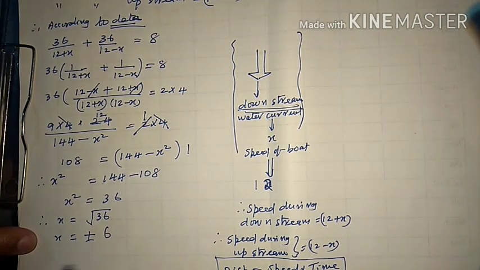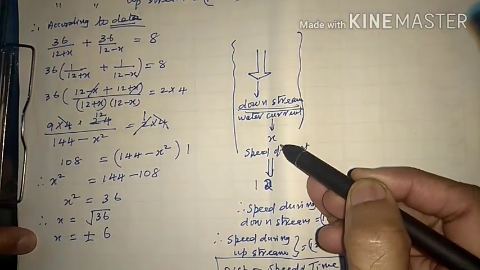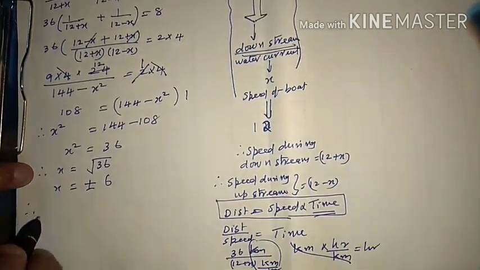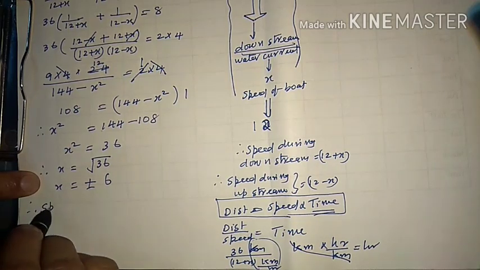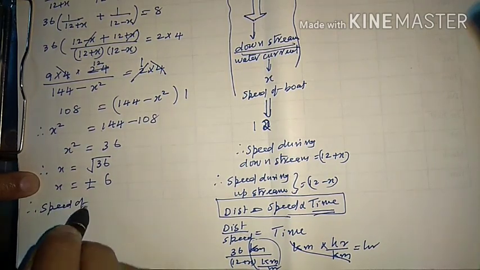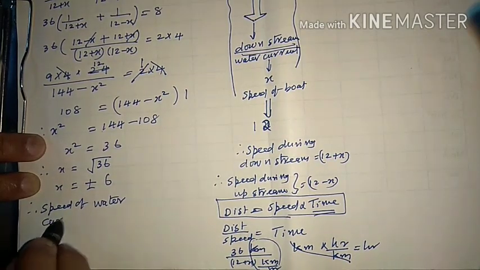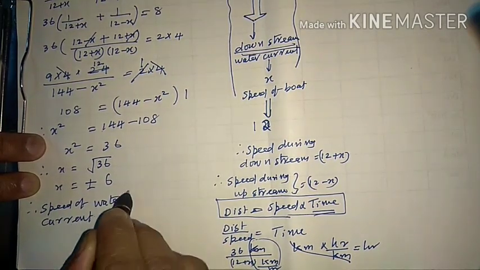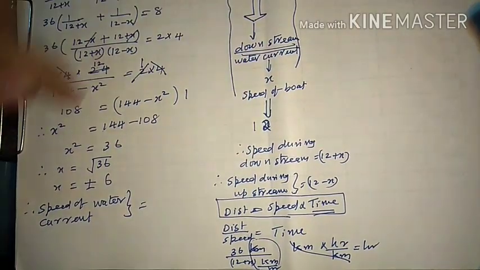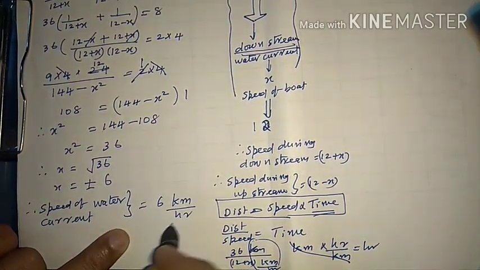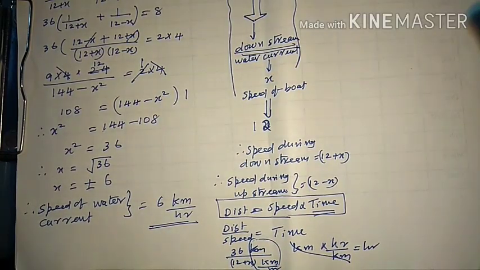What is x? Speed of water current. It should be positive, speed is a positive quantity, a scalar quantity, you know. Therefore, the speed of water current in the river is 6 kilometers per hour.